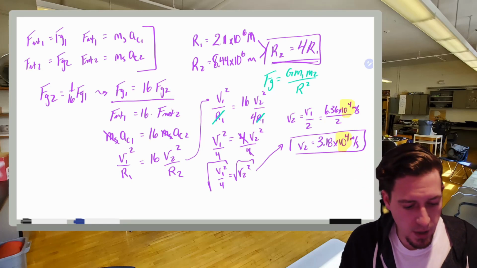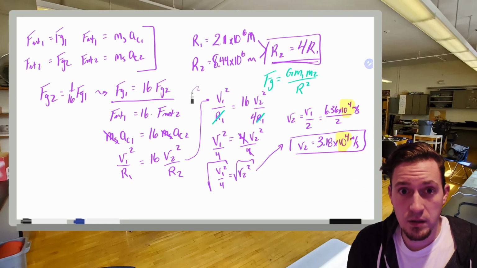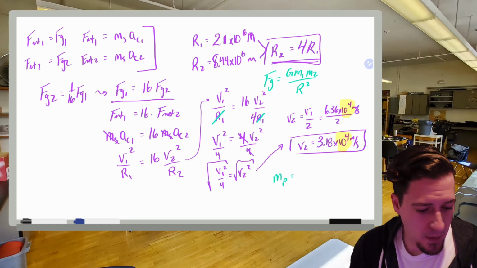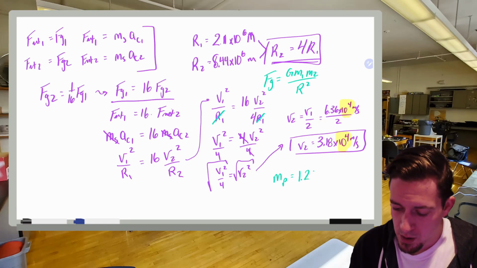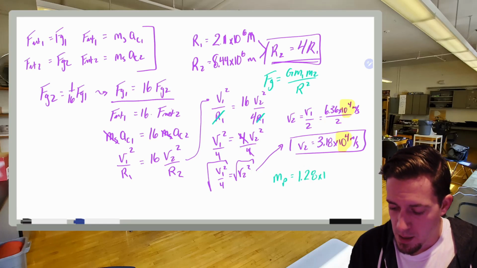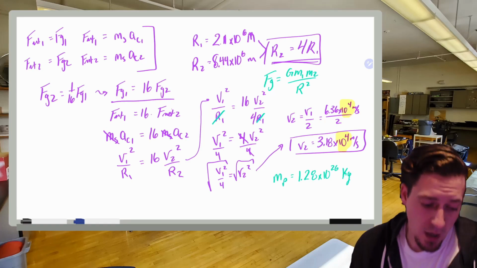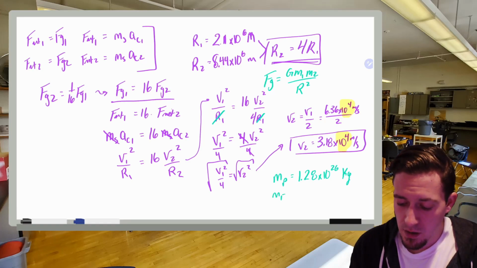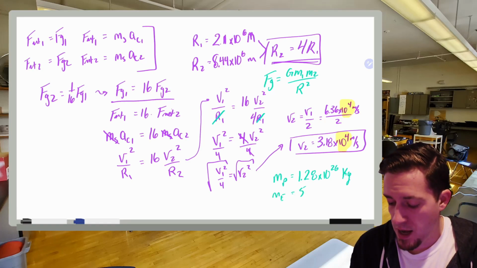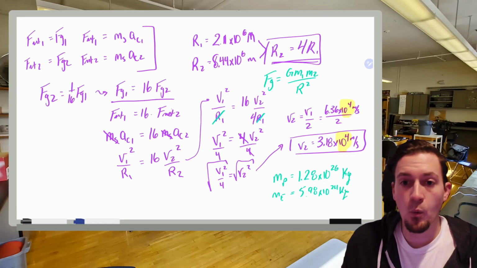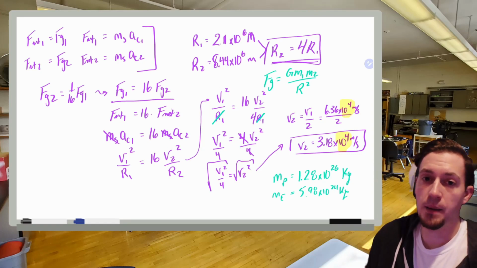For those of you that are curious and don't want to check the answer key, the mass of the planet is 1.28 times 10 to the 26 kilograms. For comparison, the Earth is 5.98 times 10 to the 24 kilograms. So this is about 21 and a half times larger than Earth, which is fine.